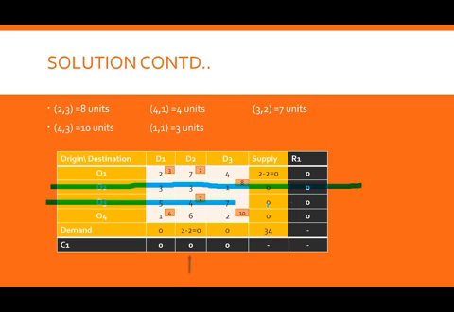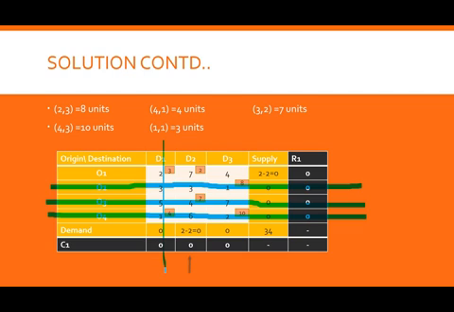This row is also gone. This row is also gone. Columns, this column was gone and this column was gone. Now the only cell left out is 7. So when the last cell is left out, I have told you the supply and demand should match.